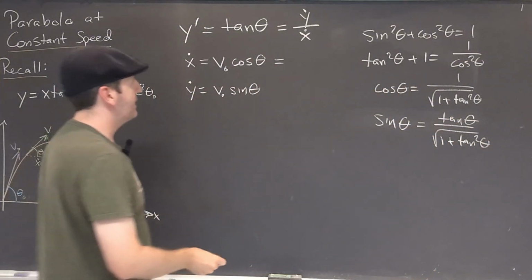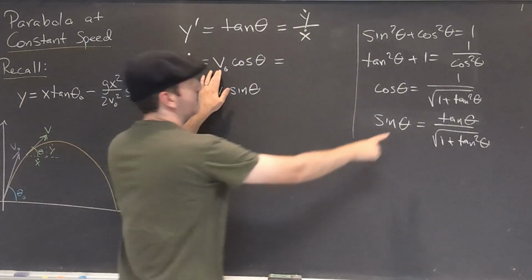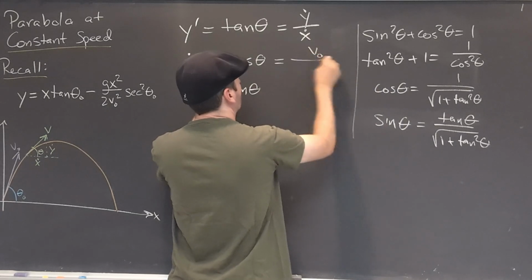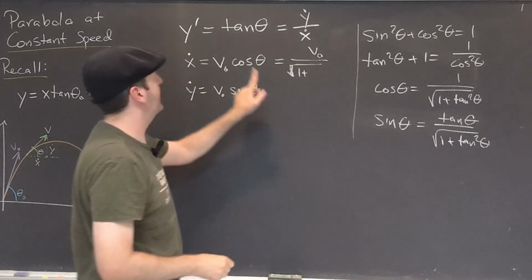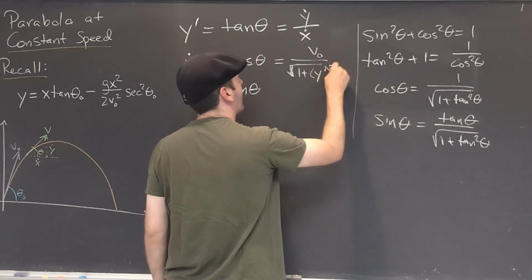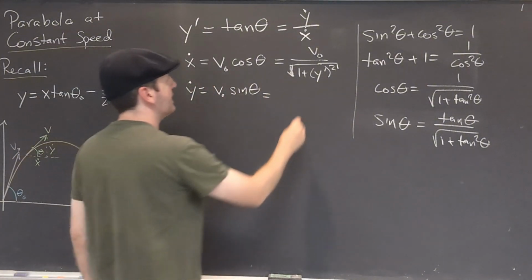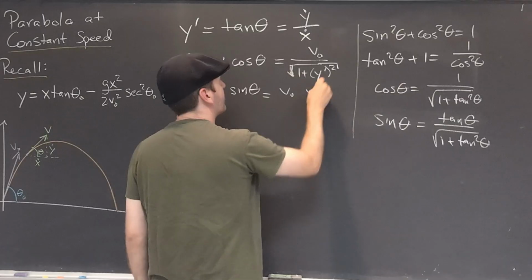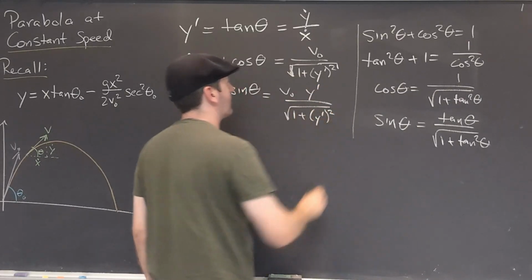And now we can rewrite this as v naught times 1 over root 1 plus tangent squared, but tangent is y prime. And similarly, v naught sine will be v naught y prime over square root 1 plus y prime squared.